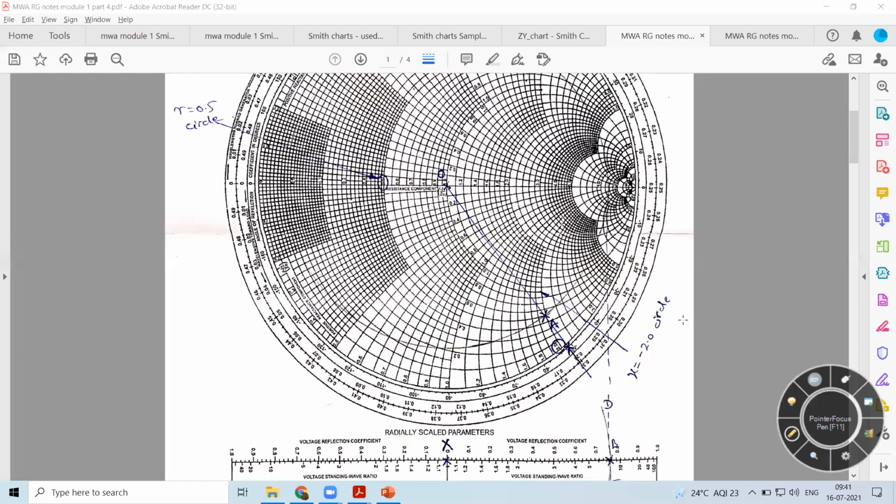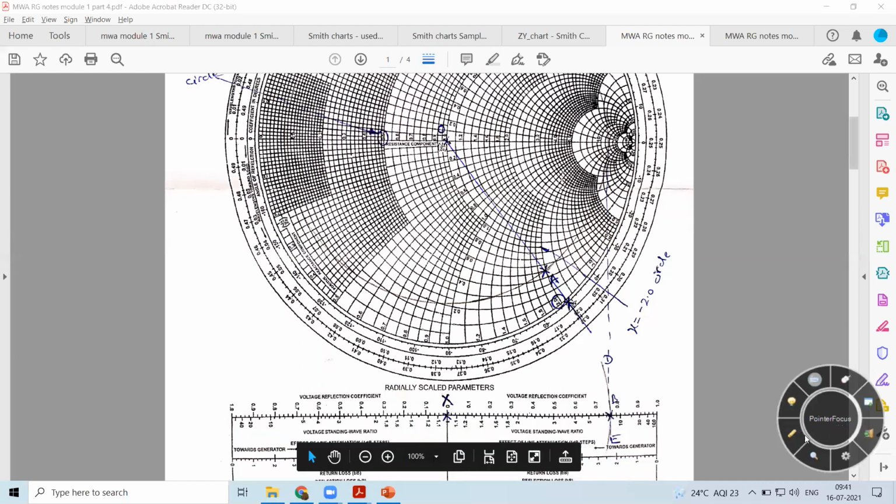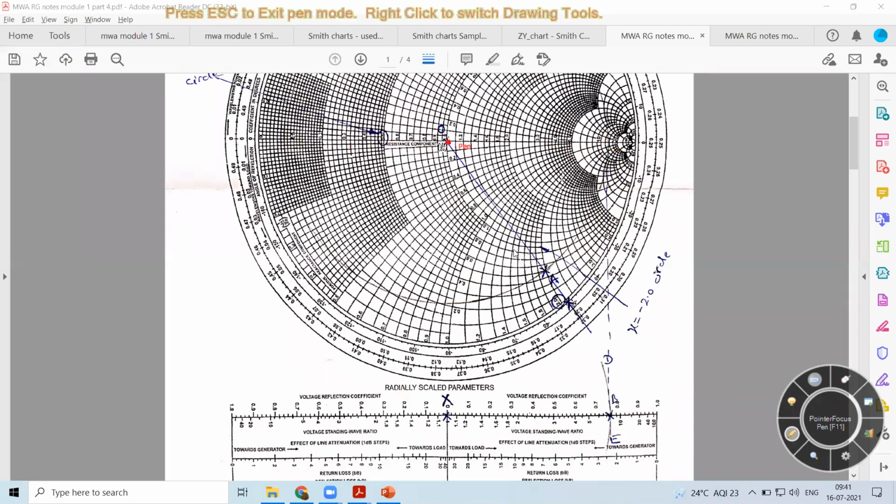There are two ways of doing it. One is, when we draw this circle with center O and radius OA, this circle cuts the horizontal axis at two points, the two extreme ends.